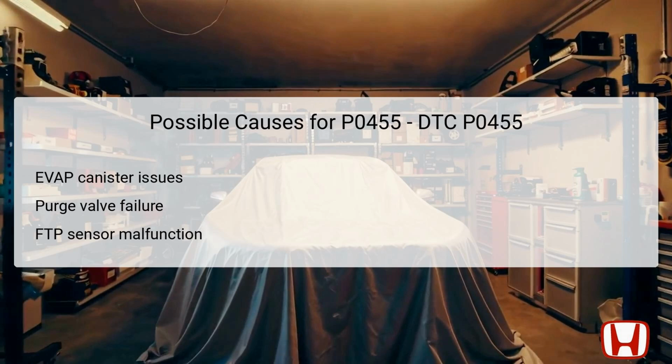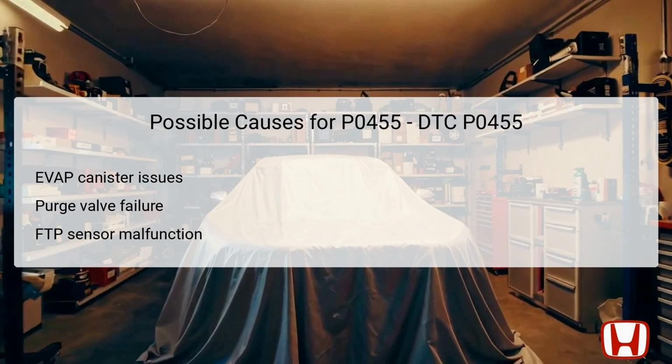Several potential causes can lead to the P0455 error code appearing in the Honda Accord. First and foremost, an EVAP system leak usually arises from failures in components like the EVAP canister, which can crack or break down over time. Additionally, the EVAP canister purge valve may be stuck open or malfunctioning, leading to improper vapor flow and detecting erroneous leak levels.